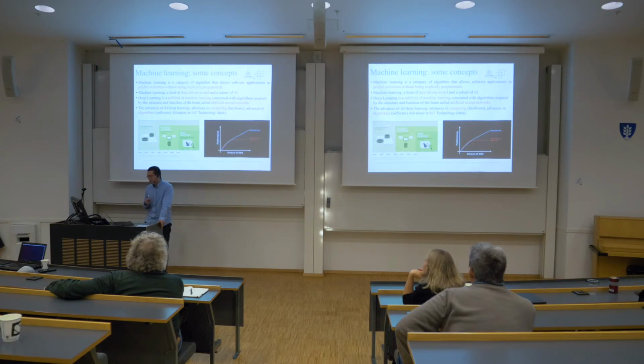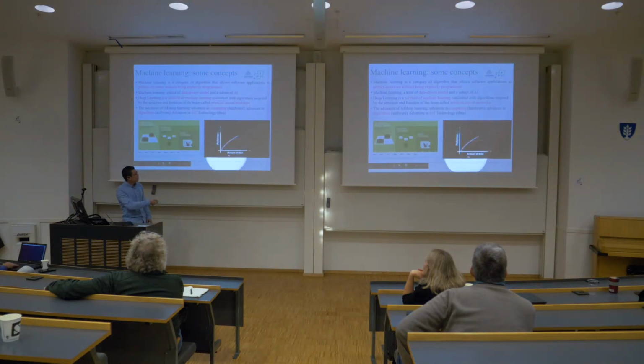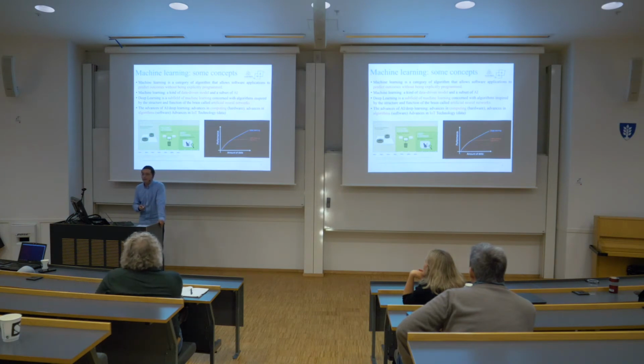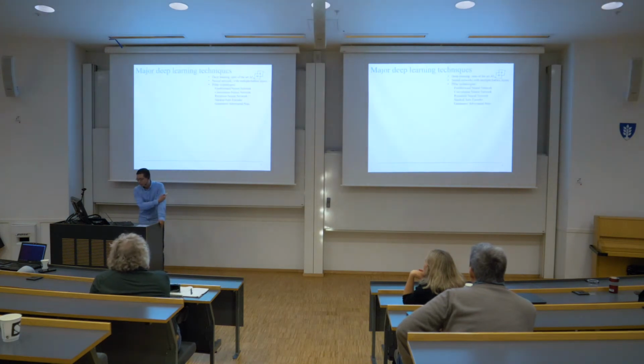And another very important reason is data. We have more and more data. In industrial applications, the data mostly comes from the Internet of Things. And as the amount of data increases, the performance of a deep learning model usually outperforms the machine learning model. That's why in recent years, deep learning is getting more and more popular.